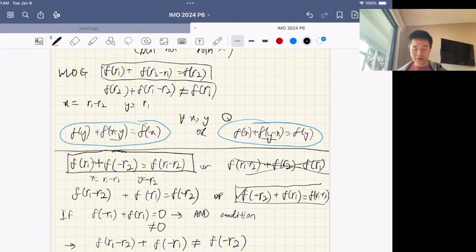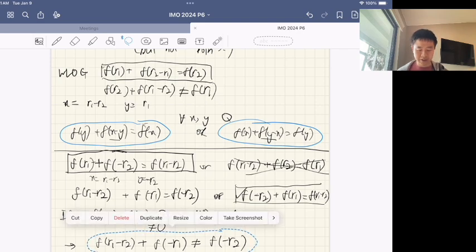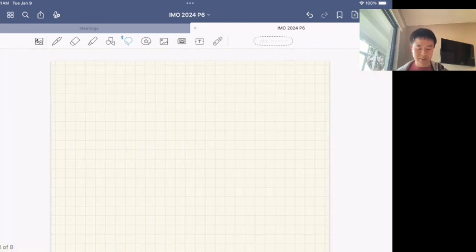Just now we already have this and minus R2 over here, and this is R1 and R2 minus here. So let's see what happens if we bring this back here. According to what we have, we can keep shuffling things around.